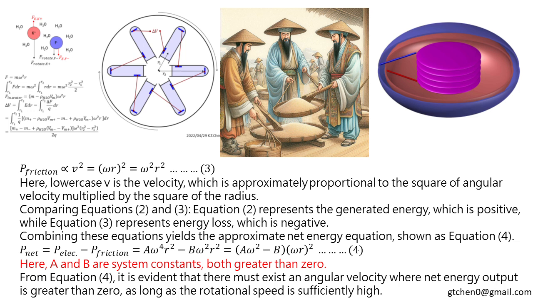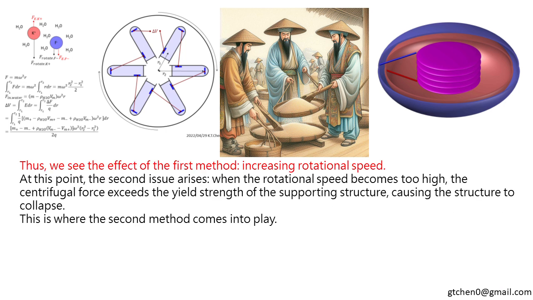Here, A and B are system constants, both greater than 0. From equation 4, it is evident that there must exist an angular velocity where net energy output is greater than 0, as long as the rotational speed is sufficiently high. Thus, we see the effect of the first method, increasing rotational speed.